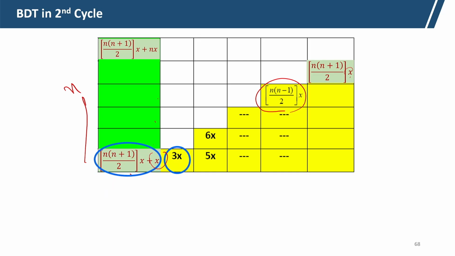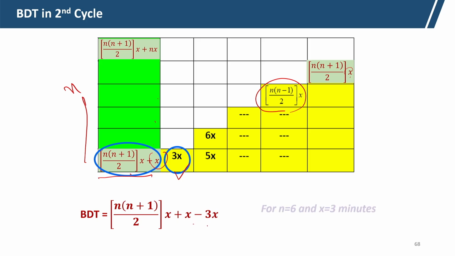So, the blending delay time will be, again, the minimum is 3x and the maximum is this one in that lower column. So it will be this minus x. So, the blending delay time will be n multiplied by n plus 1 by 2 x plus x minus 3x.